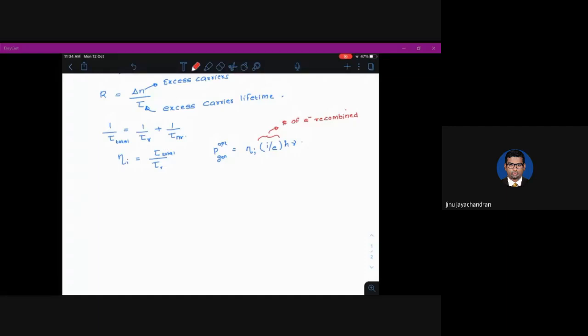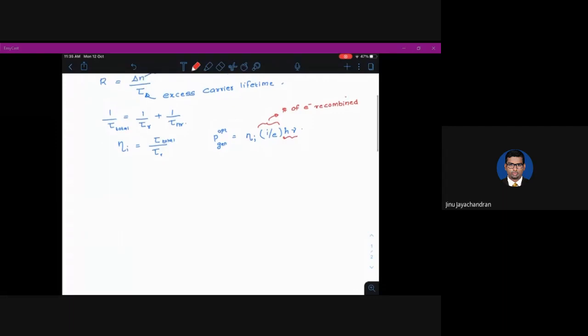So the number of photons emitted is equal to the number of electrons recombined, and each photon carries h nu of energy. So the total power generated is the efficiency multiplied by the total energy of all the photons. That we have seen in our last class, or maybe at the beginning of our classes. Okay, so this is just to recap.